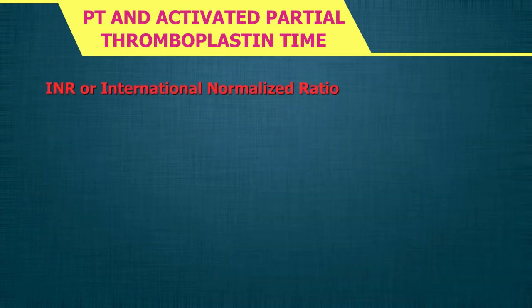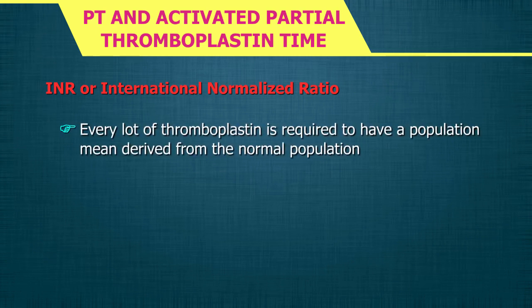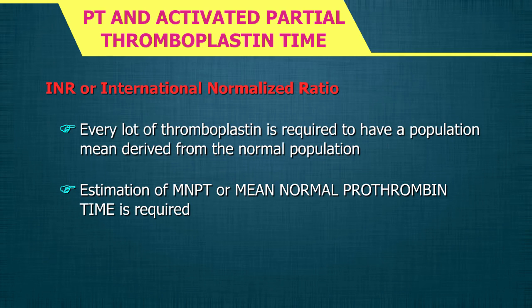2. INR or International Normalized Ratio. Every lot of thromboplastin is also required to have a population mean derived from the normal population. For this, an estimation of MNPT or mean normal prothrombin time is required.